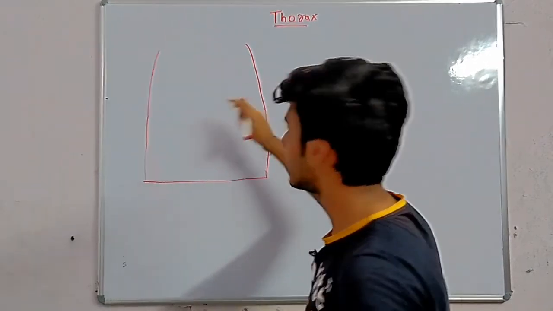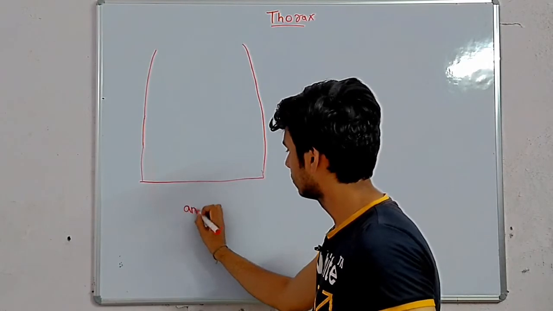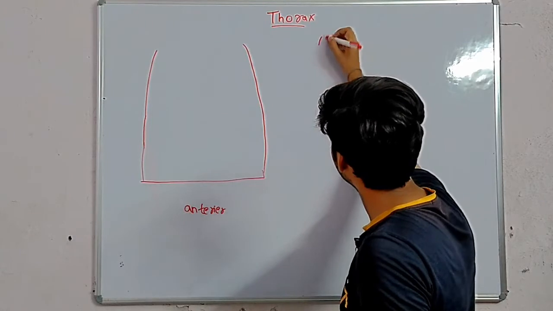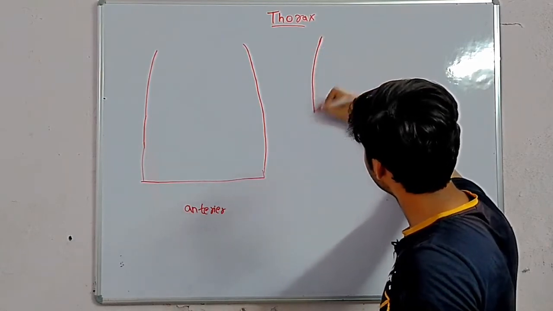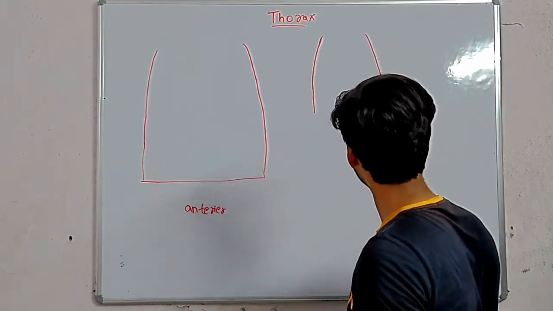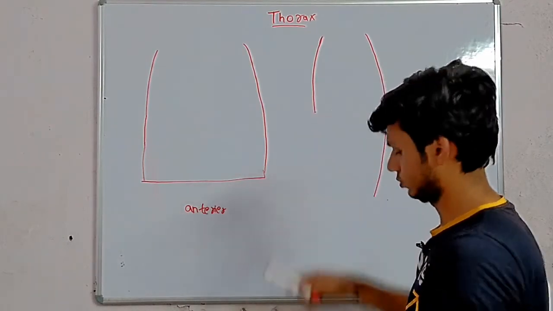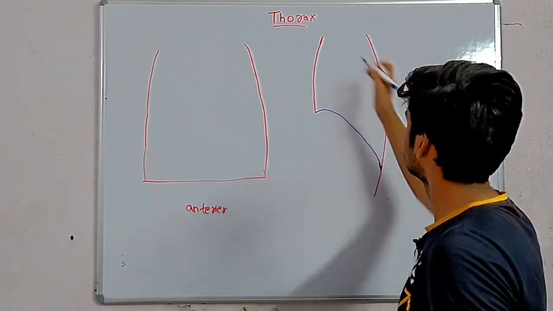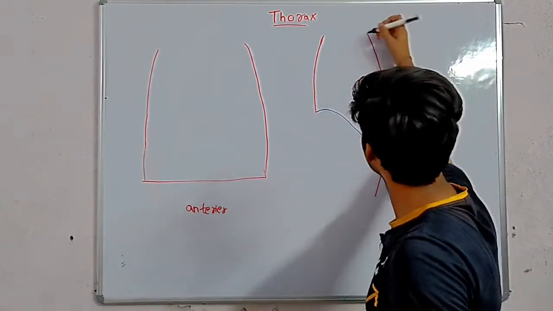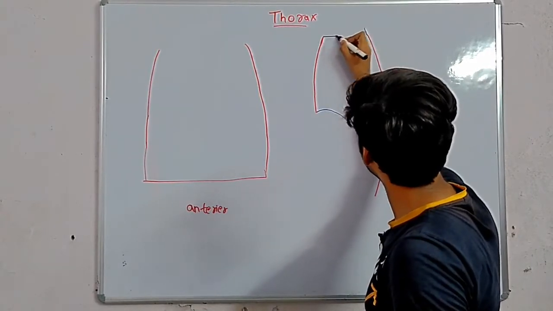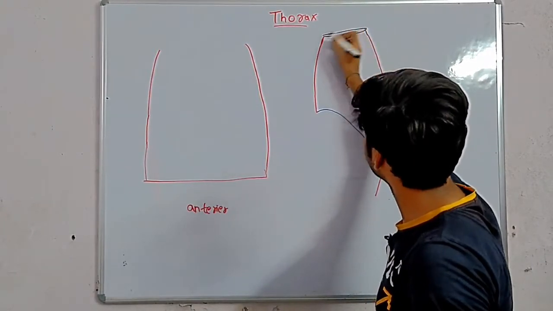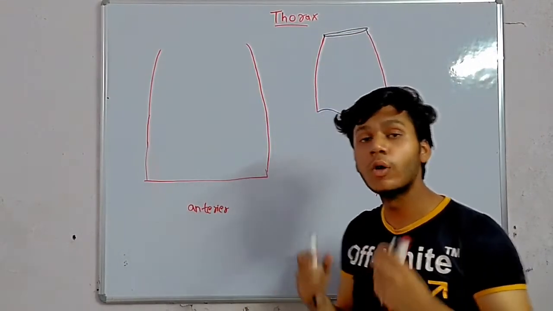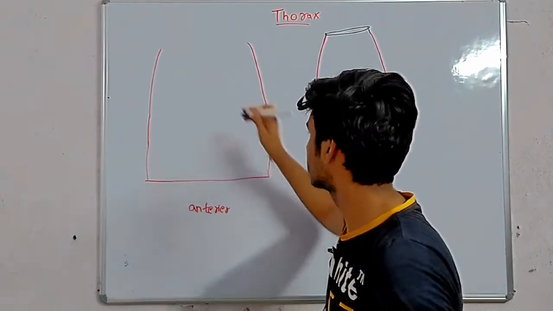Right now, this is the anterior section, anterior, and this is lateral. So now we are taking this structure's orientation and position in thorax.